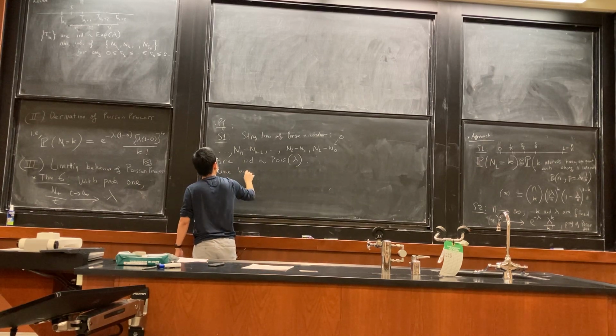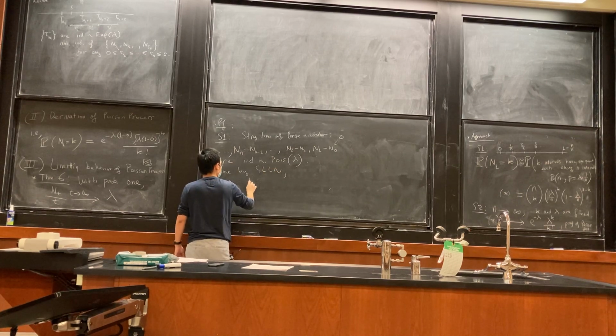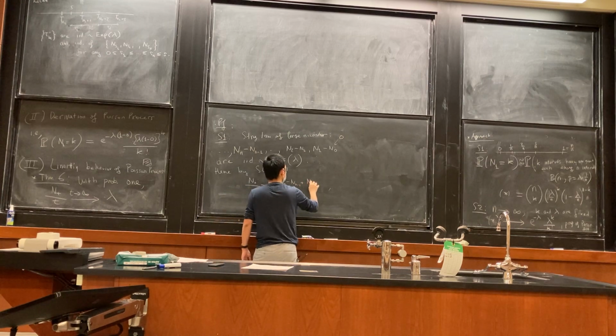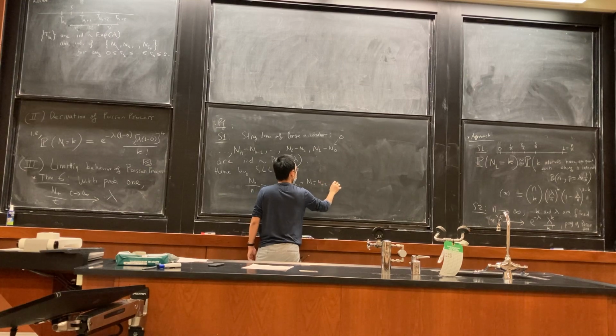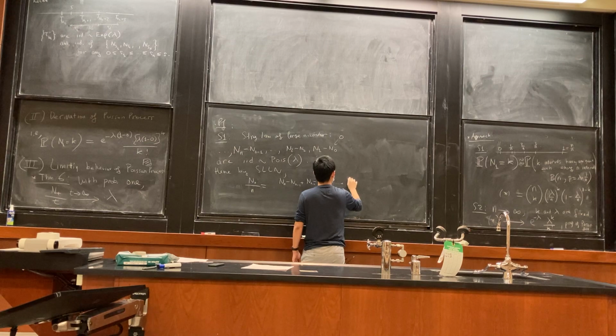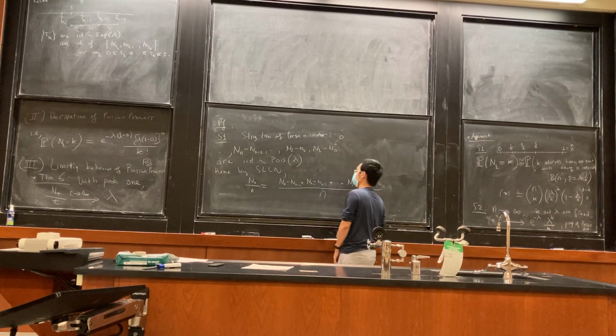So by the strong law of large numbers, N_n over n is written as N_n minus N_{n-1} plus N_{n-1} minus N_{n-2}, all the way down to N_2 minus N_1 plus N_1 minus N_0, divided by n.